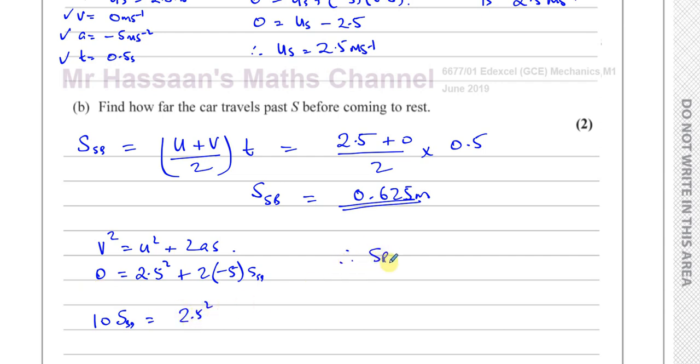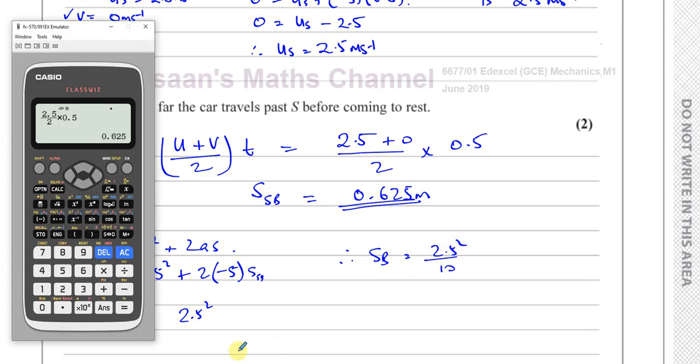Therefore, SB equals 2.5 squared divided by 10. And you see you get exactly the same answer, 0.625.